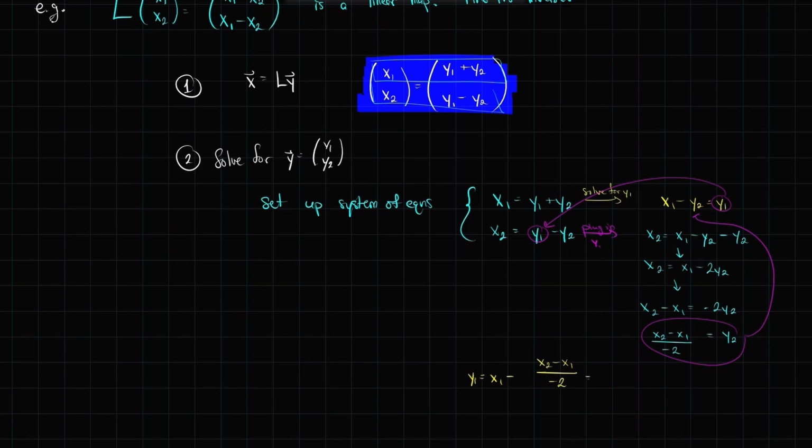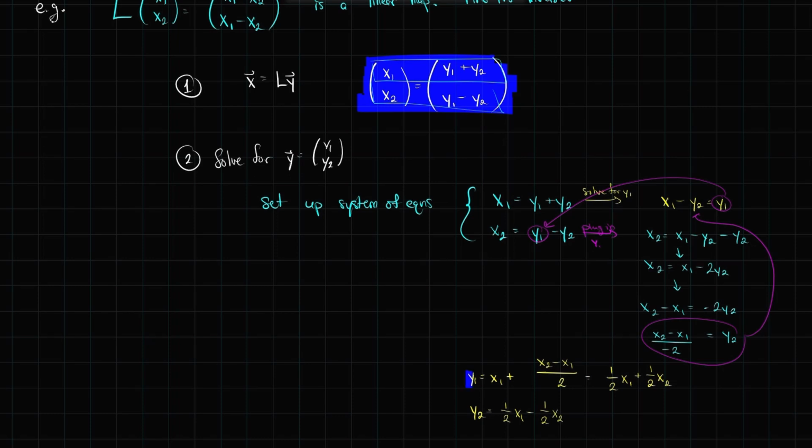And if I simplify this, I really have a plus, and I can get rid of the negative sign here. And so I have x1 minus 1/2 x1, so I have a 1/2 x1 there, plus 1/2 x2 there. If I want to simplify my expression for y2, I can as well, just by distributing the negative 2 to both terms in the numerator, I get 1/2 x1 minus 1/2 x2.